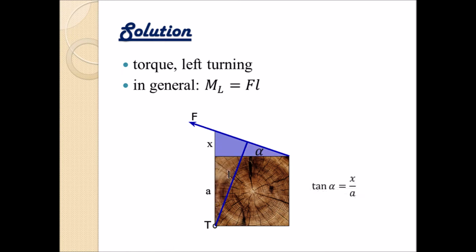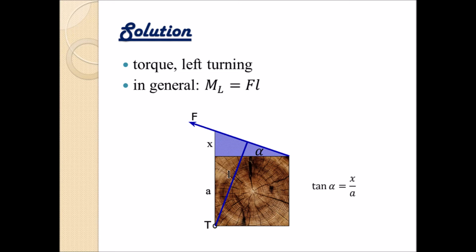Because there is another triangle if you look closely. You can see it right here, shaded again in blue, we do have another triangle which has an angle of 90 degrees. And it contains x and alpha in such a way that the tangent of alpha equals x divided by the edge length a.